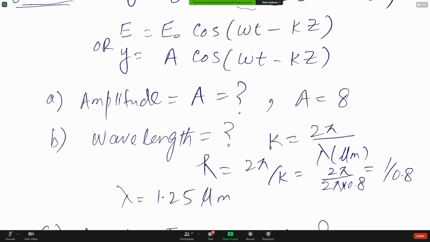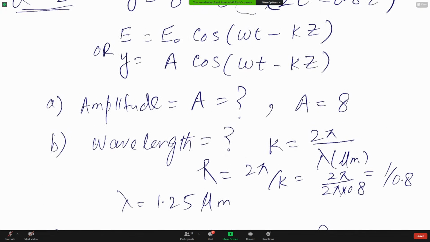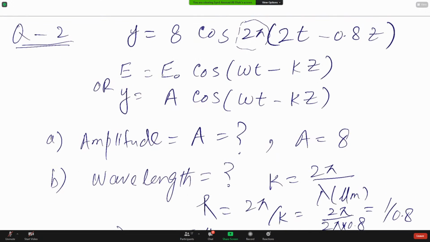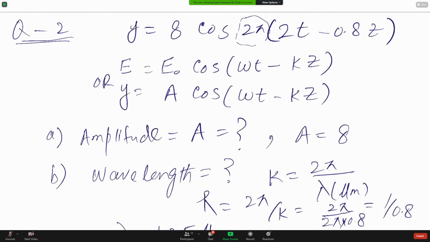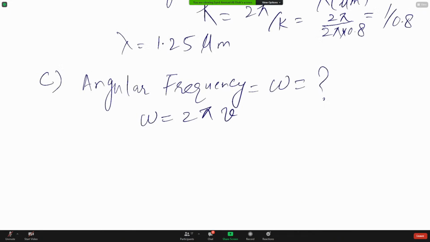Let's go back to this original expression. Y is equal to 8 cos 2 pi 2t minus 0.8 z. Our generalized expression is cos omega t. So it means omega is 4 pi. Do you agree? Let me just write it down.